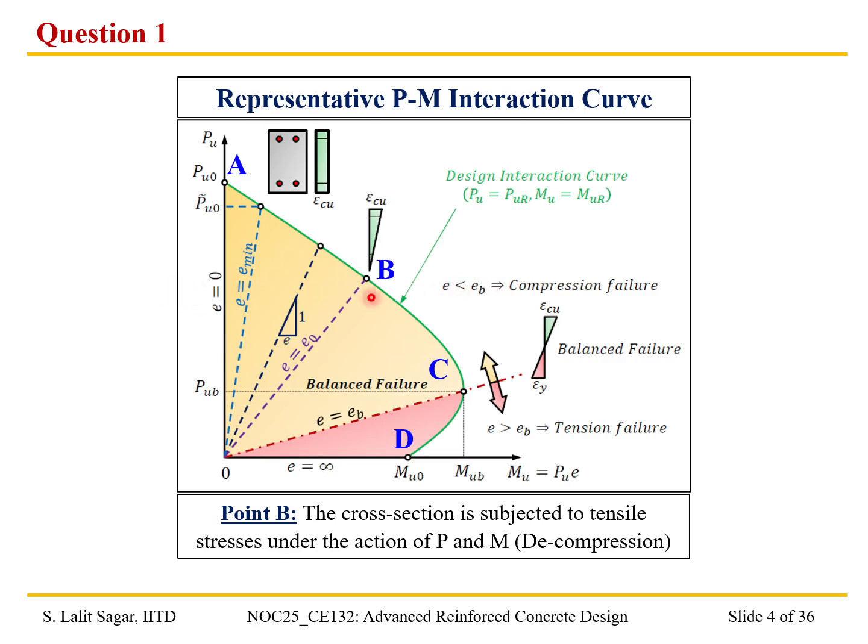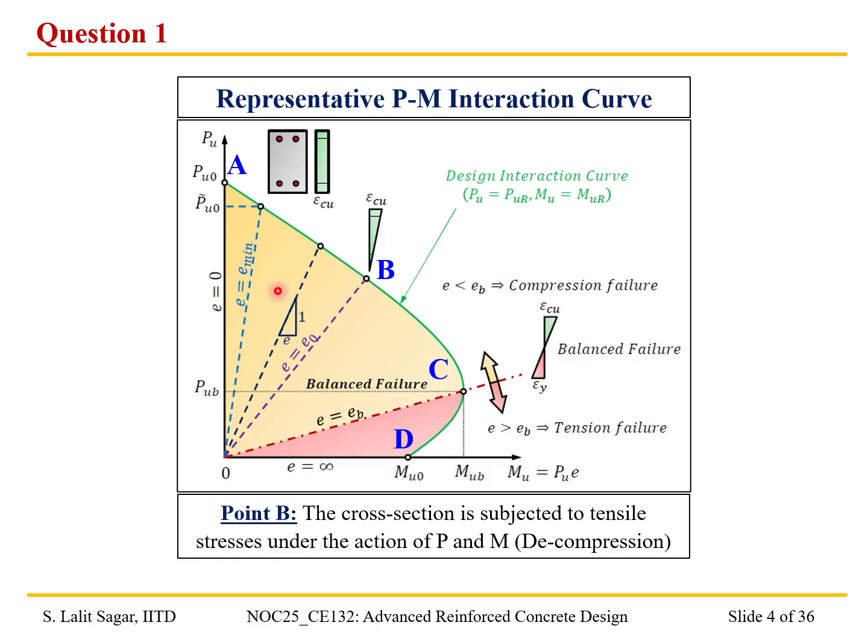And here, point B represents a decompression point. That is to say that when any point within this PM interaction curve lies within this region A, 0, B, the entire cross section is essentially subjected to compressive stresses.